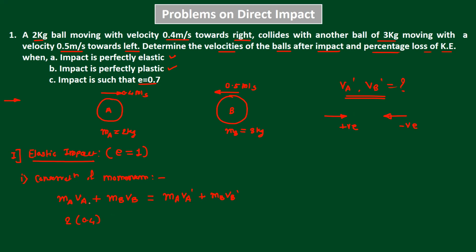So VA is positive because it is towards right, plus the mass of B, 3 kg, into the velocity of B before collision, minus 0.5. This is equal to the mass of A, which remains the same, 2 kg, VA dash unknown, plus the mass of B, 3 kg, VB dash unknown.